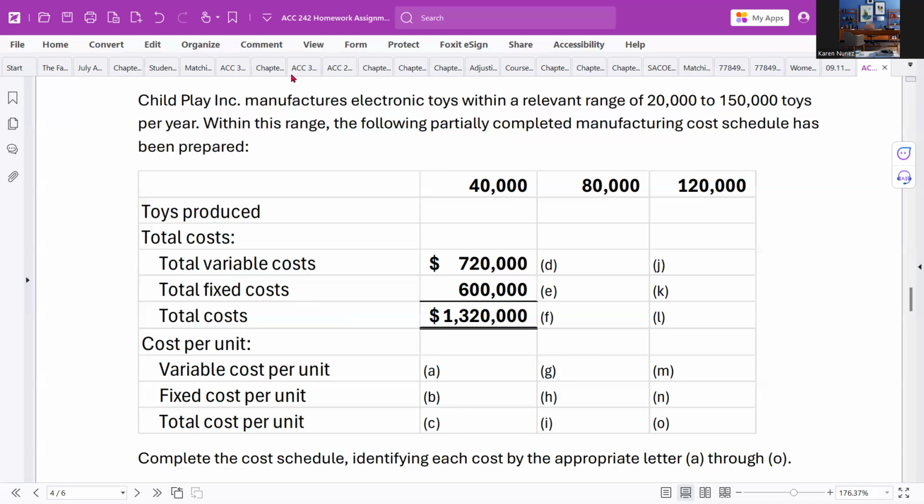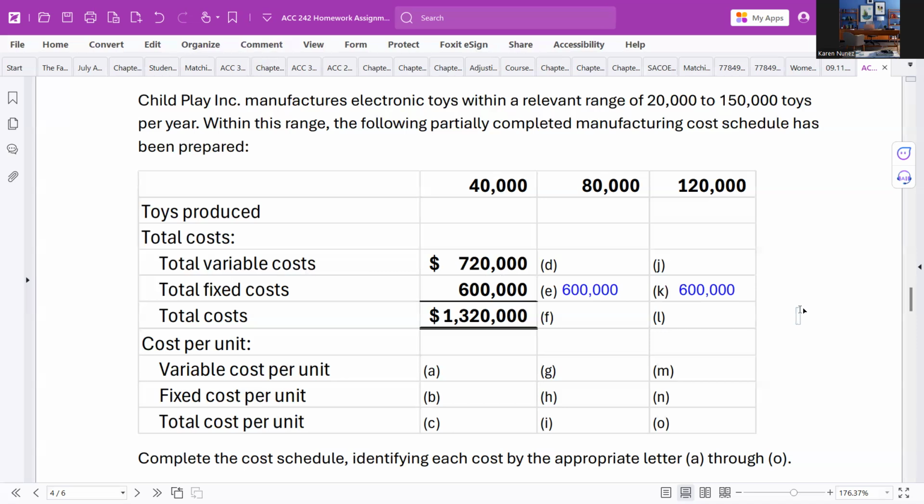The first thing that we can do here, which is the easiest thing to do, is to project those fixed costs, because the fixed costs are constant in total across all levels of activity. So that means that we're going to have $600,000 across all levels of activity. It doesn't matter whether we produce 40,000 units, 80,000 units, or 120,000 units. The fixed costs are going to be $600,000 across all levels of activity because they're constant in total.